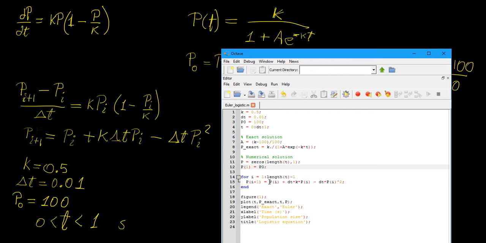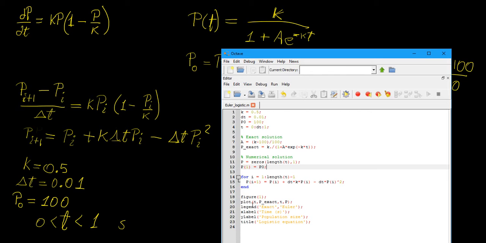You can see that I have written it here in the same manner. We have dt times k times p i, and then we have p i squared here, and that's going to solve for every value. Remember that our loop is going to go from i equals 1 to i equals length of t minus 1. The reason we have to subtract this 1 is because we have i plus 1 here, so we want the vectors to be the same length, essentially. And down here, I have just written the same thing that we did in the last video.